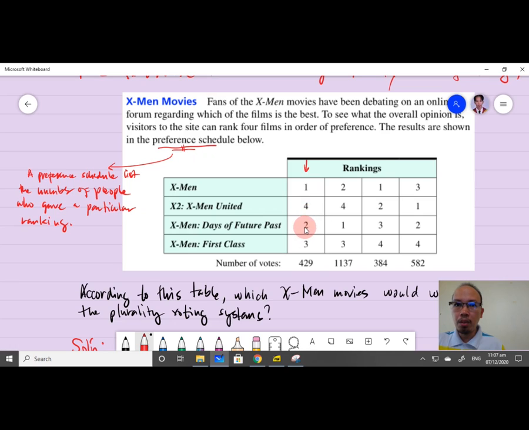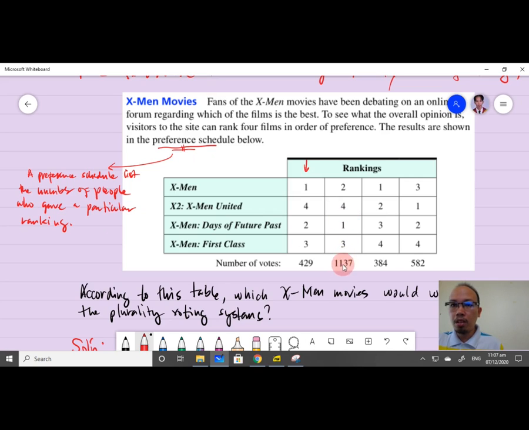The top 2 here is the X-Men Days of the Future. Top 3 is X-Men First Class, and X2 X-Men United is top 4. For this 1137, their top 1 is X-Men Days of the Future. Number 2 here is their top 2, which is X-Men. Their top 3 is X-Men First Class, and finally their top 4 is X-Men United.